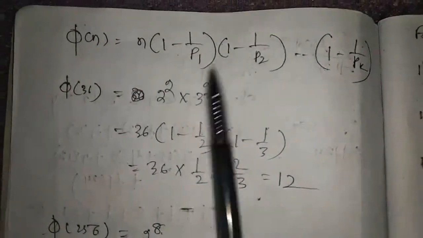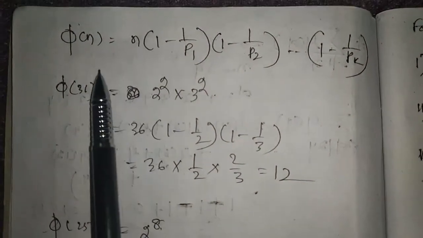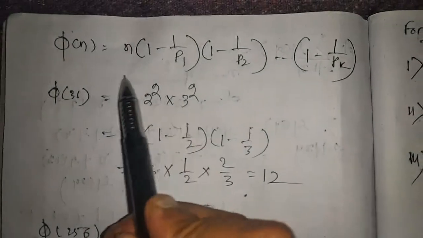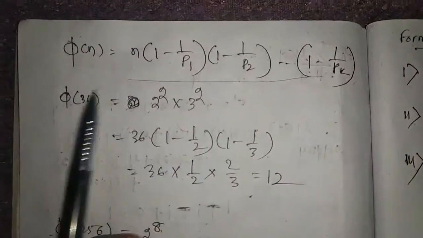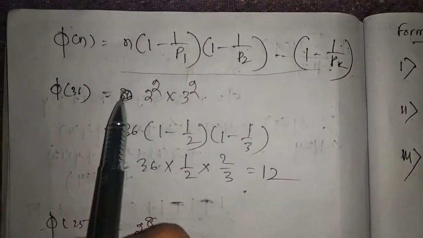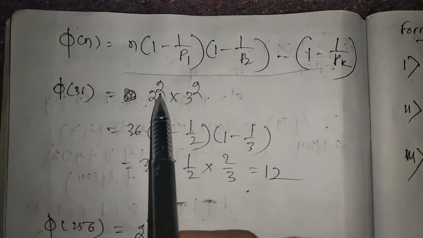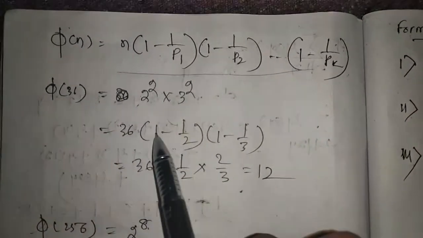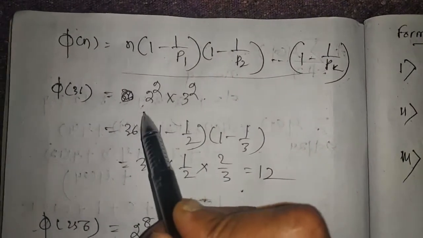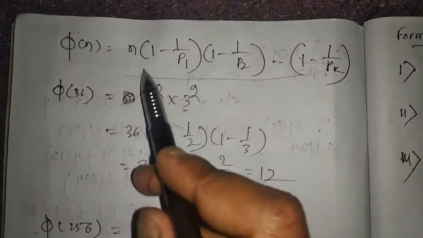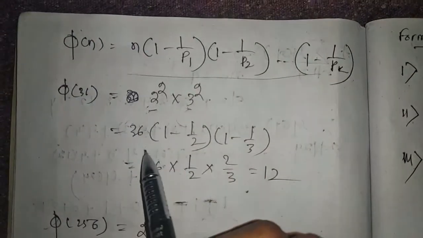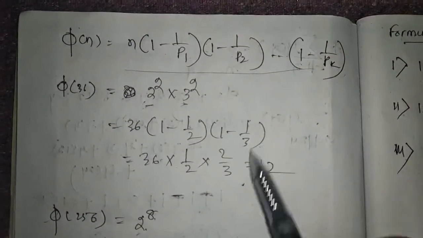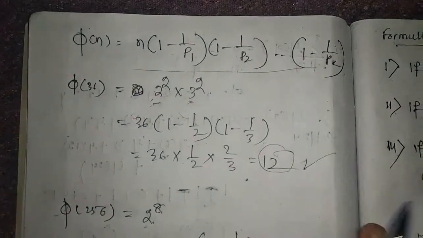Here is a formula by which phi n can be found. For example, 36 can be written as 2 to the power 2 times 3 to the power 2. Then the prime factors are 2 and 3. So we can write phi 36 as 36 into 1 minus 1 by 2 into 1 minus 1 by 3, which is 12.